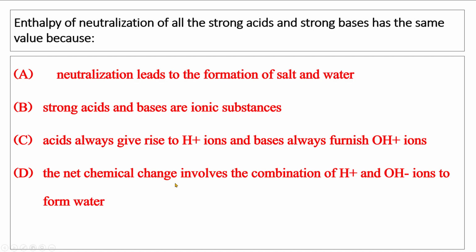The net chemical change involves the combination of hydrogen and hydroxide ions to form water. Correct option is D. The net chemical change involves the combination of hydrogen and hydroxide ions to form water.